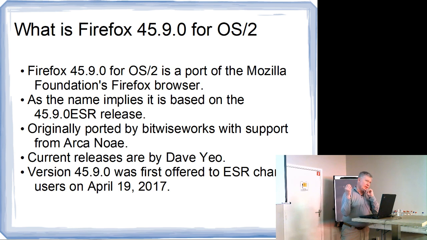And what it really means is, I think support has been dropped for this particular one, but they were still making bug fixes for a more prolonged period of time after they had moved on to 46. This first existed in April of 2017, so it is getting a little old.